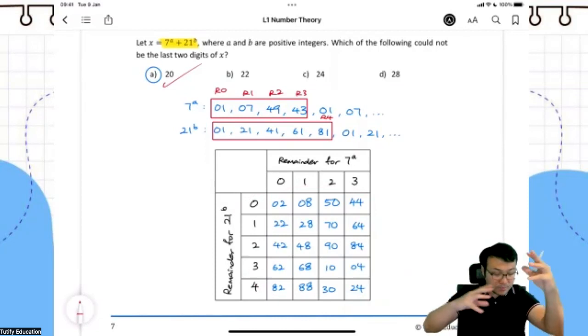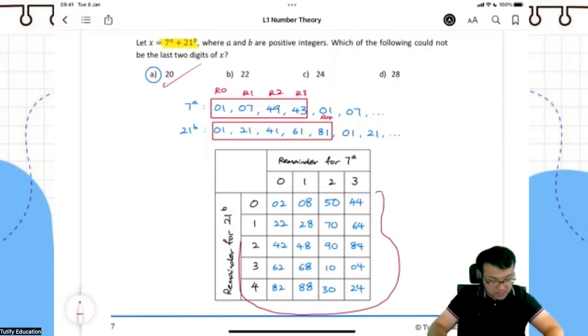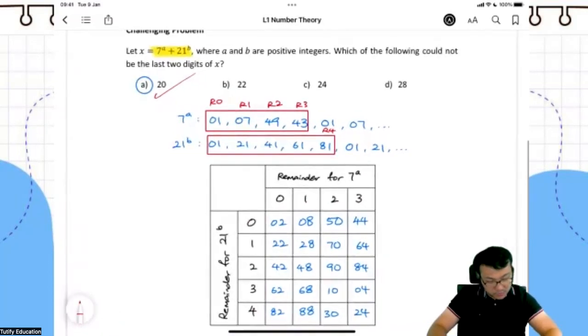No matter what combinations you get, all these are already all the possible combinations of the last 2 digits. You will never get anything else other than all this. So therefore, when they ask you which of the following could not be the last 2 digits, then your answer should be A.